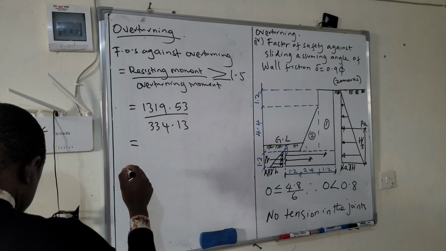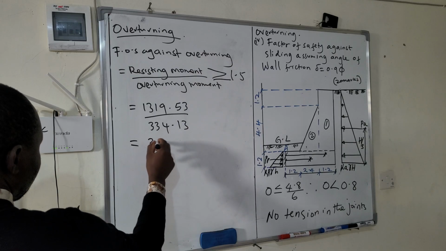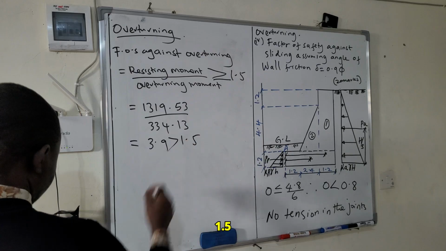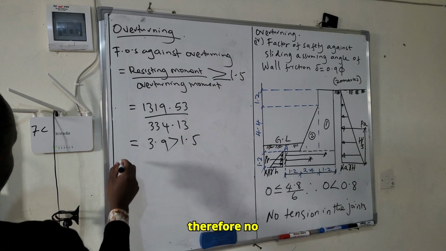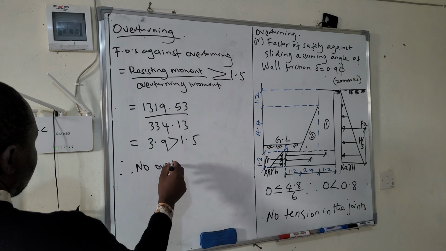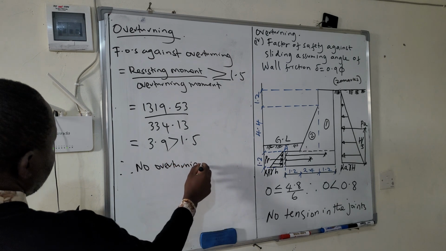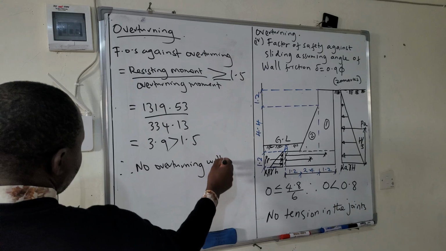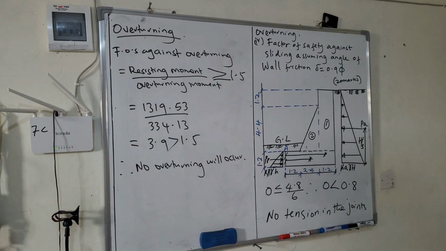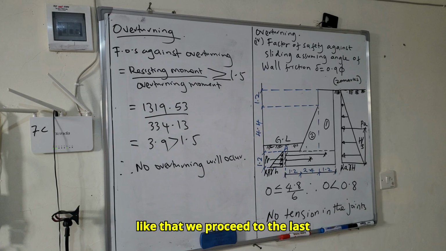So the answer is 3.9, which is greater than 1.5. Therefore, no overturning will occur. Like that. We proceed to the last one, which is sliding.